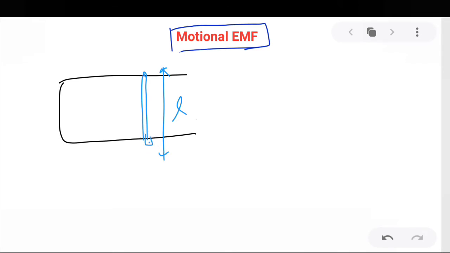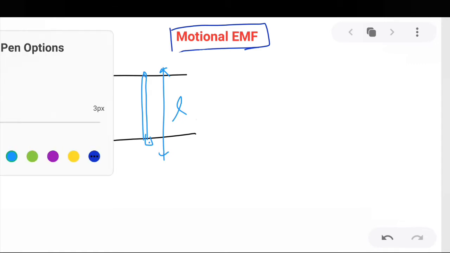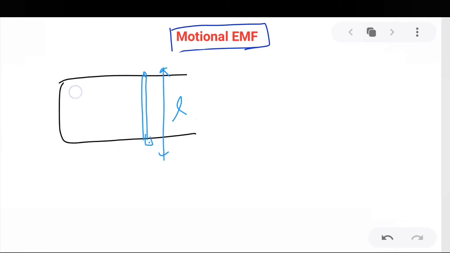There is a transverse magnetic field here, so it is perpendicular to the plane of the paper. For you it is paper, for me it is mobile, I am drawing this on mobile. So it is perpendicular to the plane of the screen and directed inwards. Let's say B is the strength of the magnetic field.